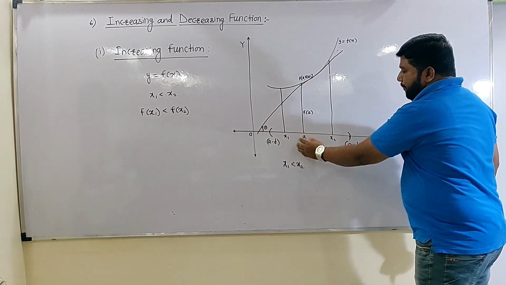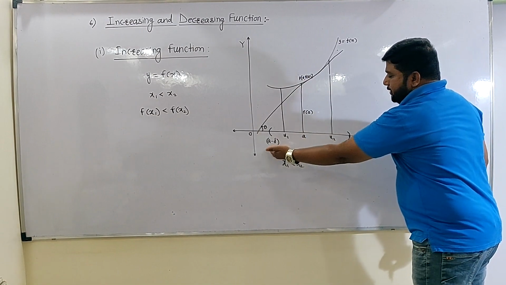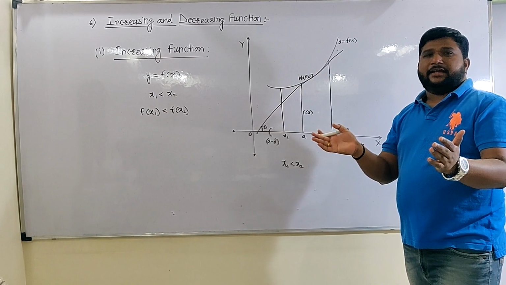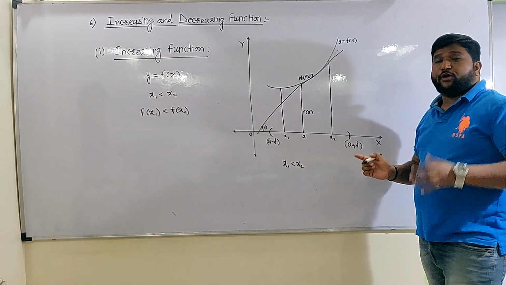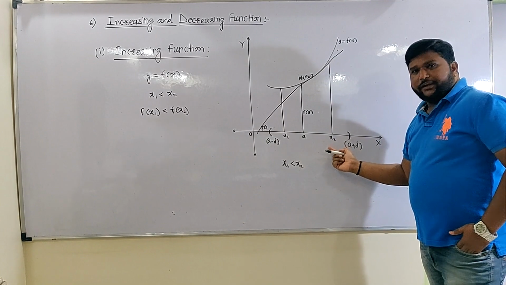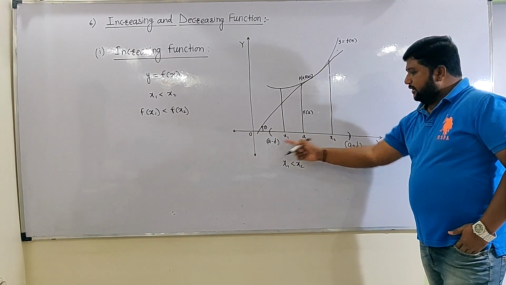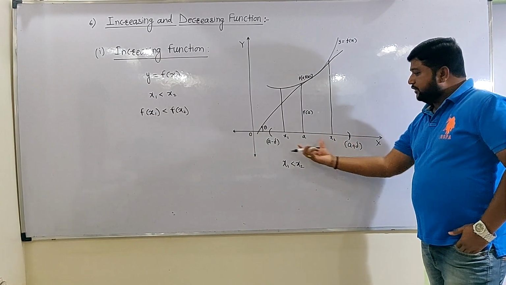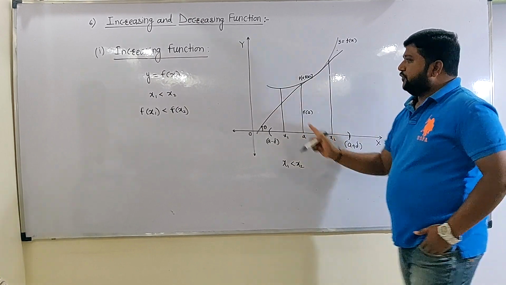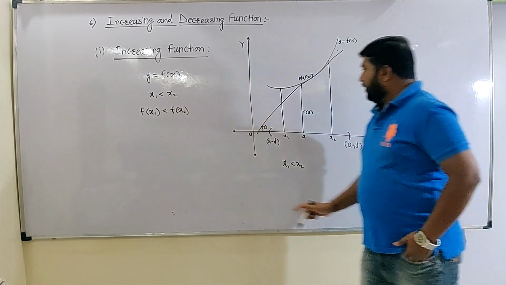The neighborhood of this point a has boundaries a minus delta and a plus delta. Delta is the small increment. And x1 and x2 definitely belong to this interval. In between there are two points, x1 and x2, with x1 less than x2.